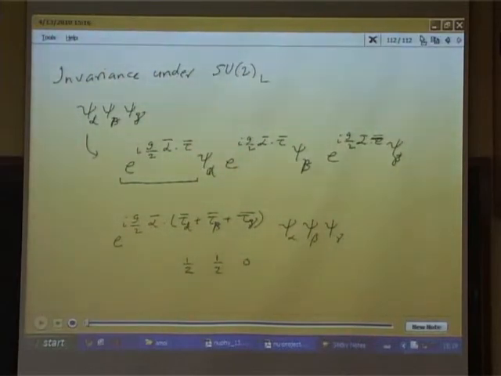So it's possible to form an SU(2) invariant object if I have a doublet, a doublet, and a singlet. However, if I have spin 0, spin half, and spin half, I cannot do this. Similarly, for other combinations I cannot do this.